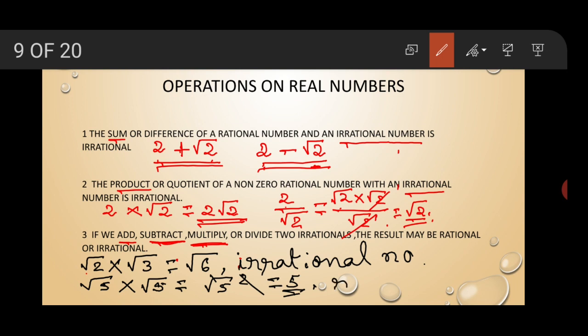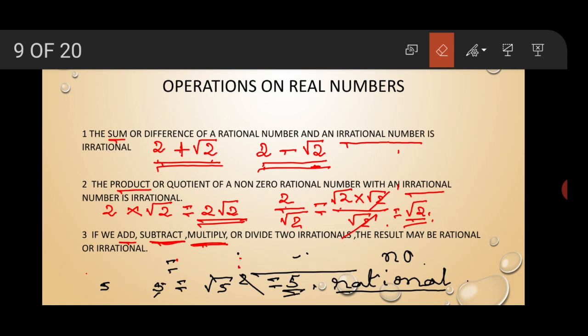Now again, what type of number is 5? 5 is a rational number, right? So what can we conclude now? If we multiply two irrational numbers, then the product may be irrational or it may be rational. Understand? Okay.